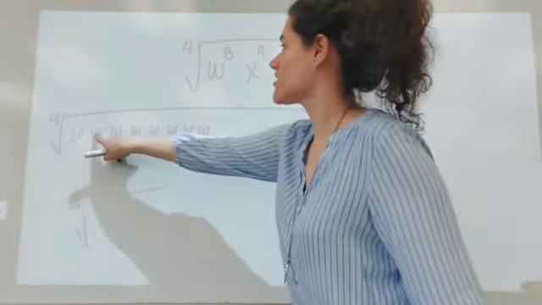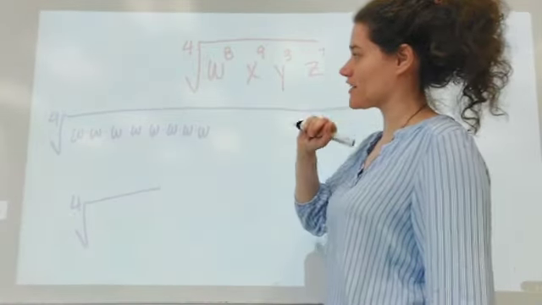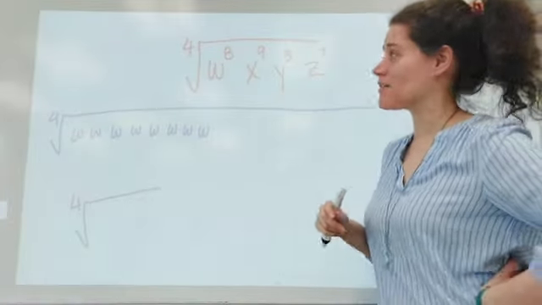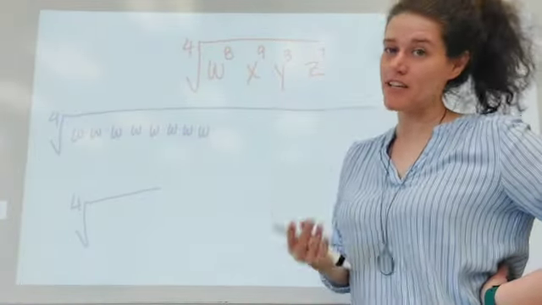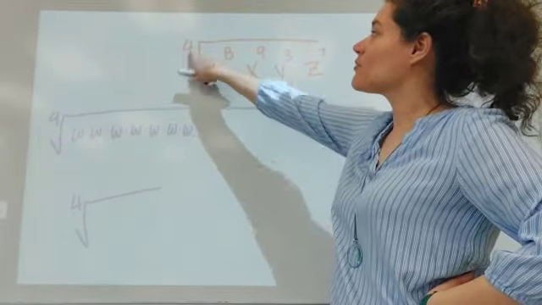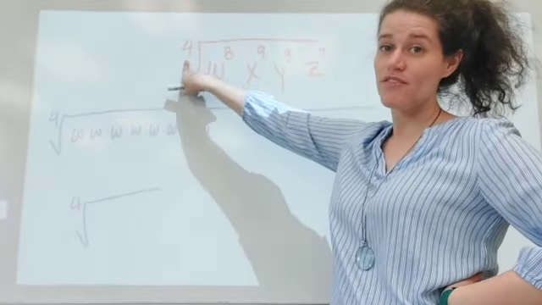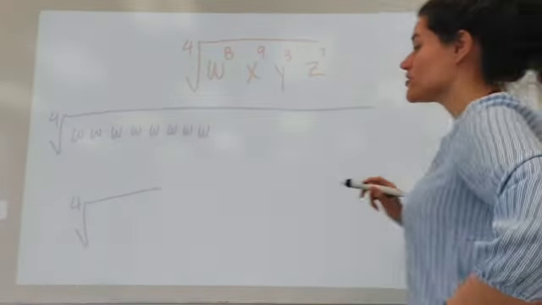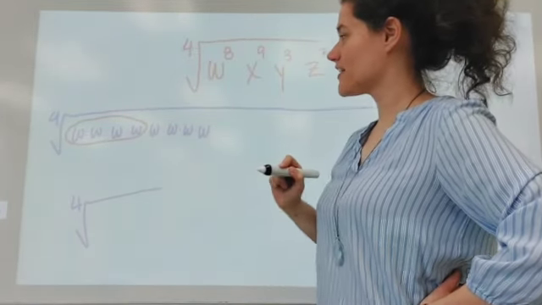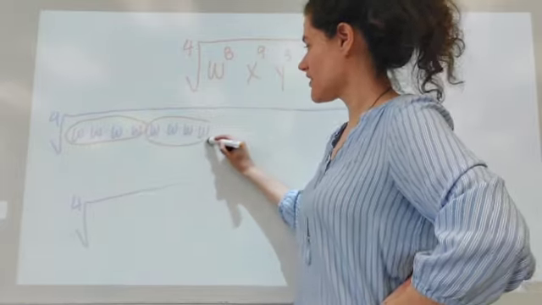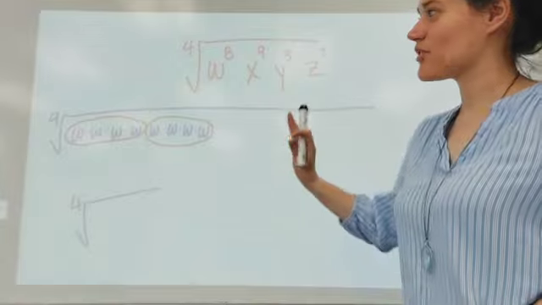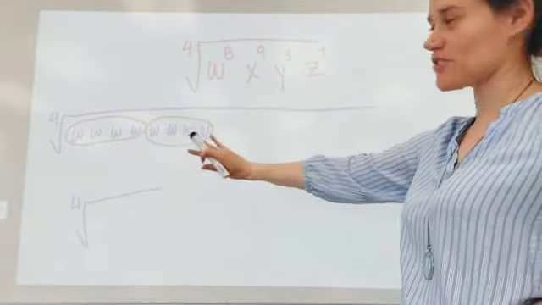So this shows I've got 8 w's here, all being multiplied together. These are the factors of w to the 8th power. So we're splitting it up, just like we did with the numbers, making the factor tree. And then we're looking for groups of 4. So in this case, I've got a group of 4 here, and a group of 4 there. Okay, so let's take a minute on that just for a second.